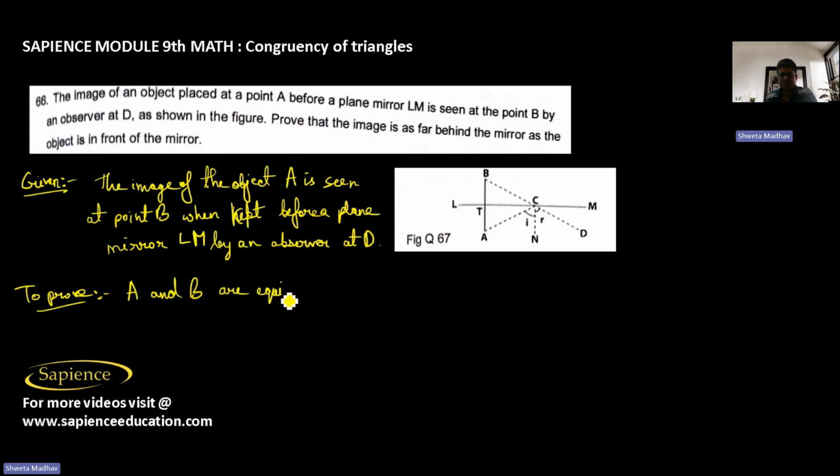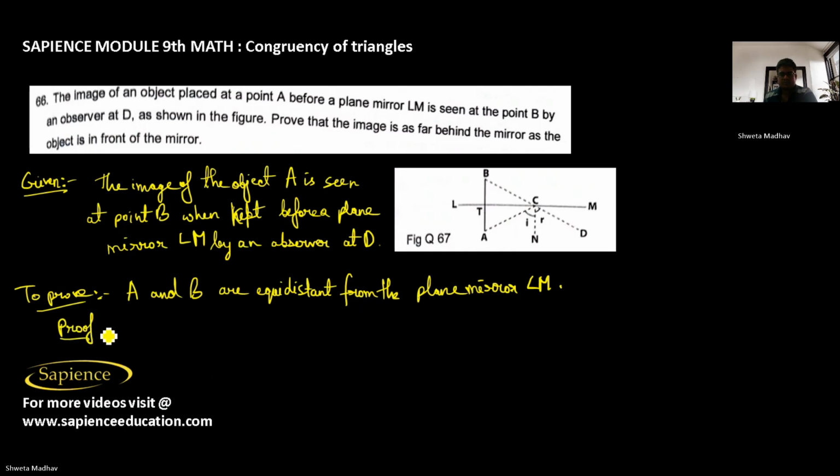I can say simply the points A and B are equally distant from the plane mirror LM. Proof.